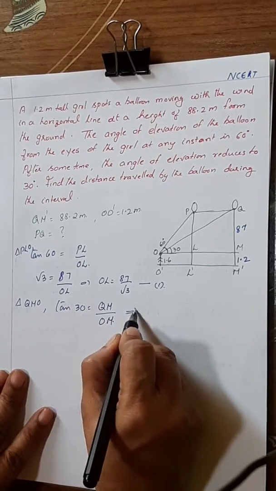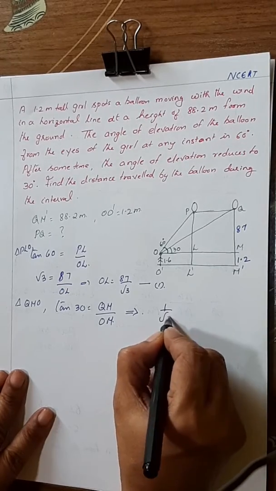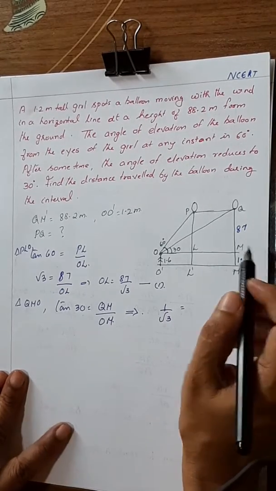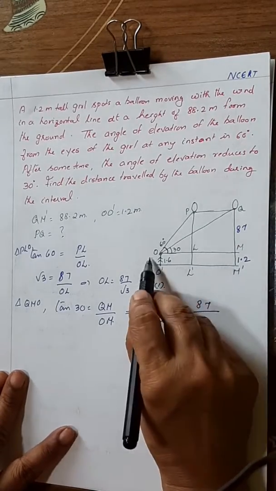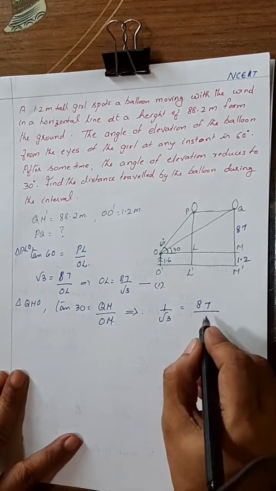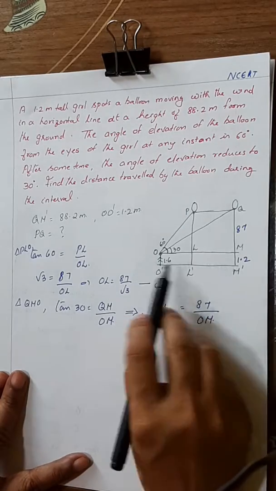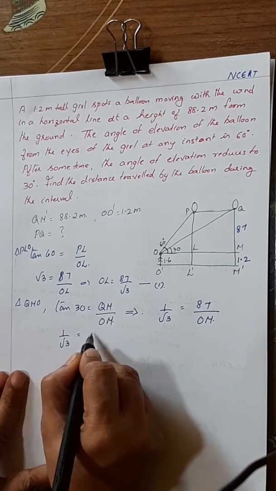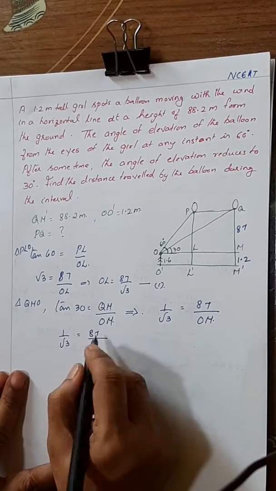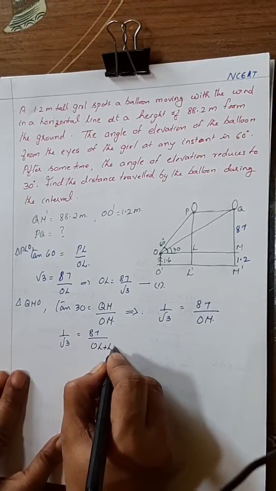So tan 30 is equal to 1 by root 3 is equal to 87 by OM. OM can be written as OL plus LM.